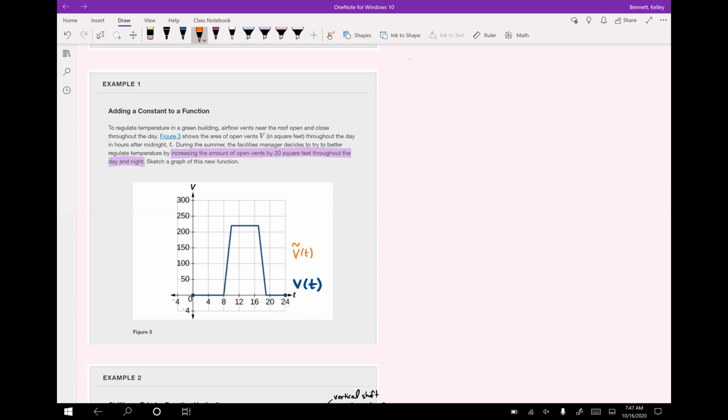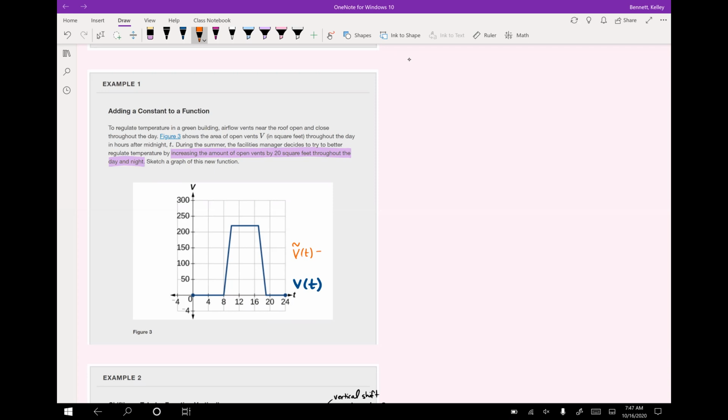So we want to graph this change directly over the existing blue graph. If the y-axis represents the amount of open vents in square feet, then increasing this amount of open vents by 20 is just going to be a vertical shift.